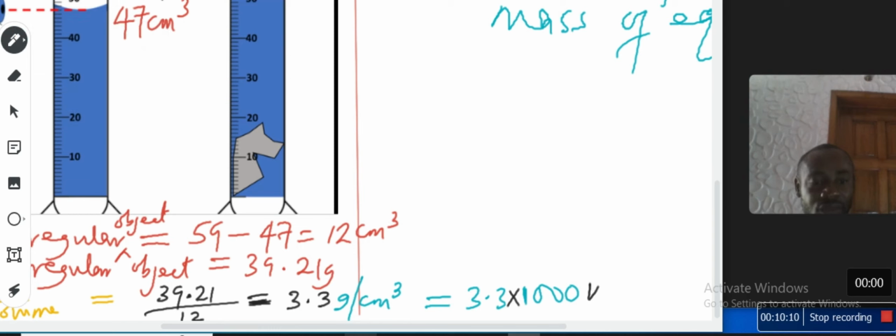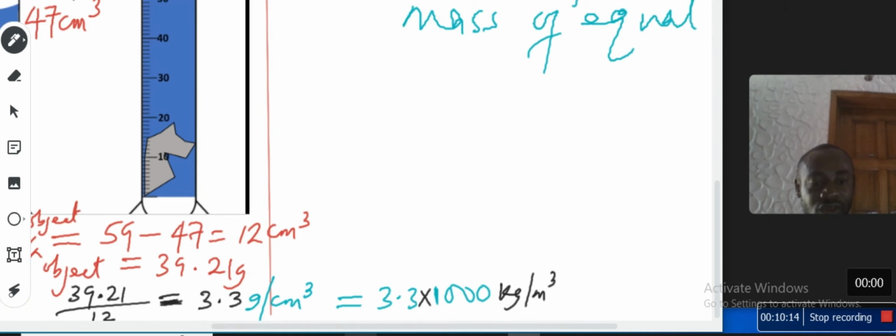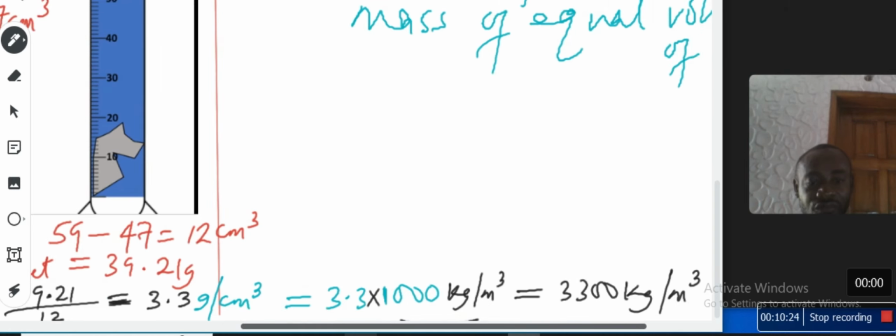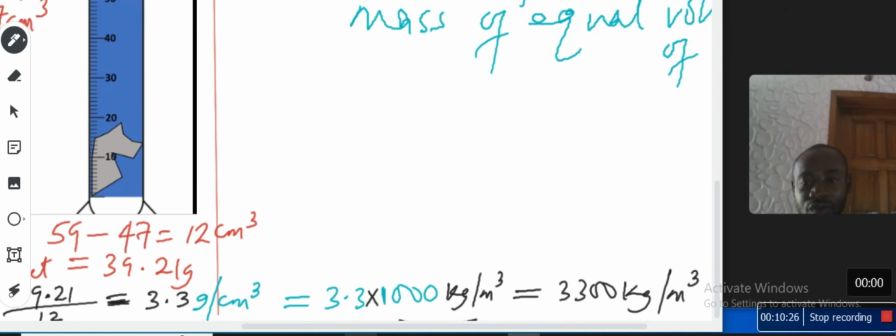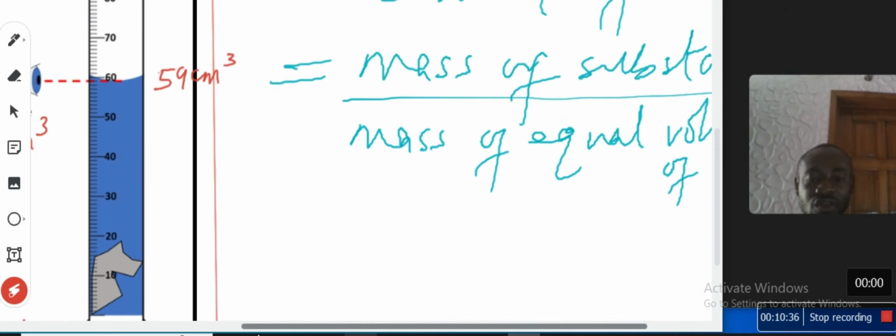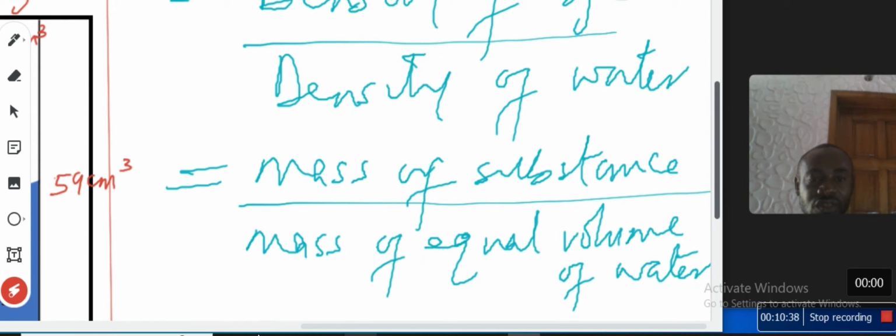In kilogram per meter cube, that's 3,300 kilogram per meter cube, isn't it? So to change the density from gram per cm cube to kilogram per meter cube, you just multiply by 1000. Just information you need to know. But you don't need all that. If they are in the same unit, you don't need to change anything.